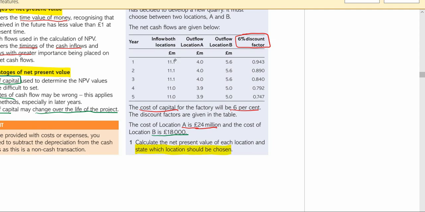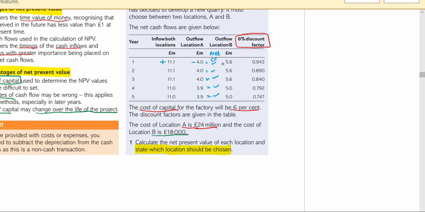Okay, so for this calculation, we add the inflows and subtract the outflows, then we get the net cash flows. So we write the net cash flow here for each year, and then for the net cash flow we apply the discounting factor and calculate the net present value for location A, and the same process will be repeated. 11.1 minus 5.6.